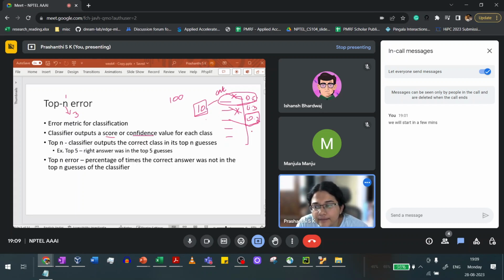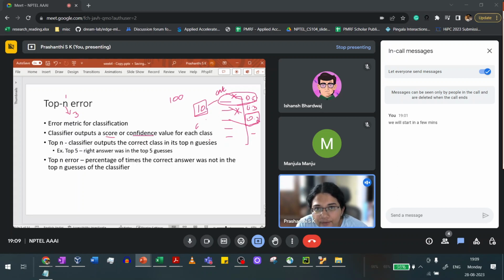But let's say instead that the image was a cow and your classifier said cat, dog, horse, and maybe the fourth answer was cow. Then it got it wrong, because none of its 3 answers had the correct class. So this is an example of top 3, and this n can take any value. Typically you would see top 5 or maybe even top 10 being used.